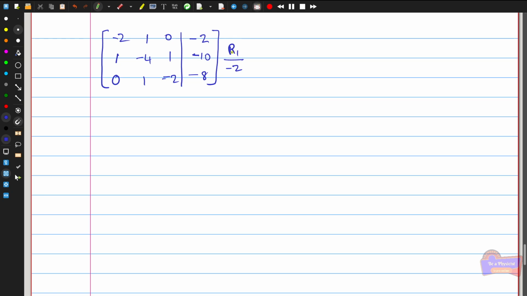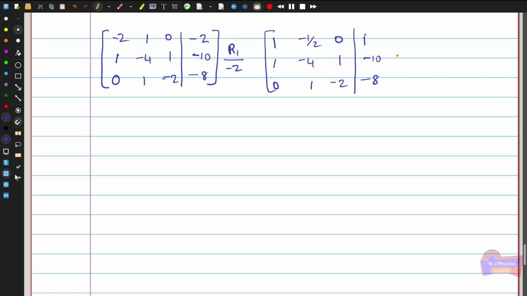If you do this for row 1, I can get the matrix as 1, minus 1 by 2, minus 1 by 2, and this is 0, 1, minus 4, 1, 0, 1, minus 2, and this value is minus 1, so this will be also 1, and this is minus 10, and this is minus 8.